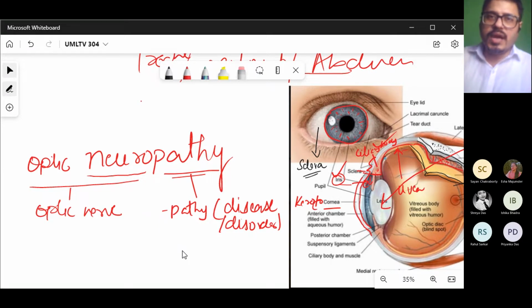But if you donate your eye, then you yourself will become blind. So eyes can be donated only after the person dies. A kidney can be donated even when the person is still living, because we have two kidneys and one kidney is at least sufficient to carry out the normal, basal functions.